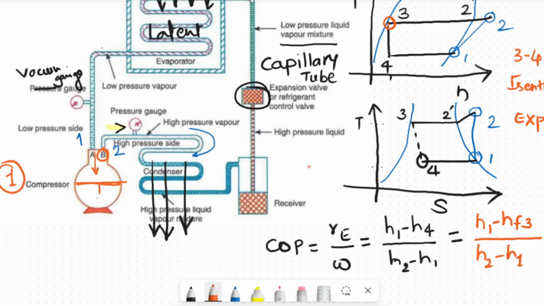Now, friends, this is the coefficient of performance for the vapor compression refrigeration system, and I have made some assumptions. The assumption was very simple: that the refrigerant after the process of compression is in a superheated state, and because of this assumption, I have plotted the pH and TS diagrams like this.